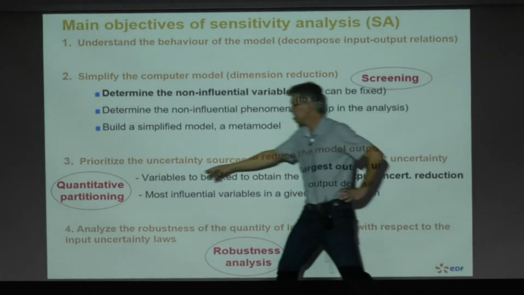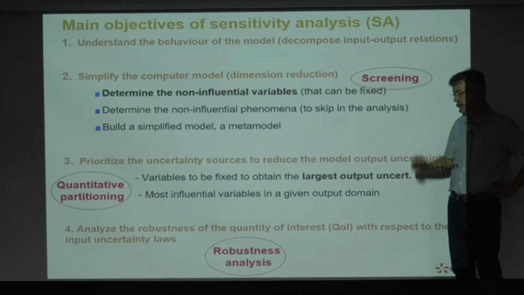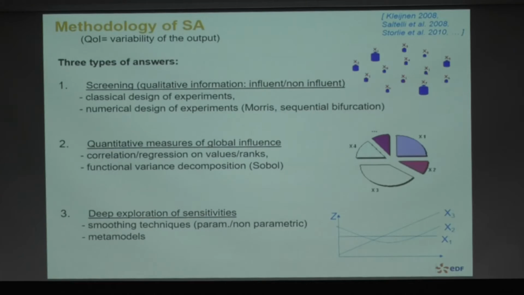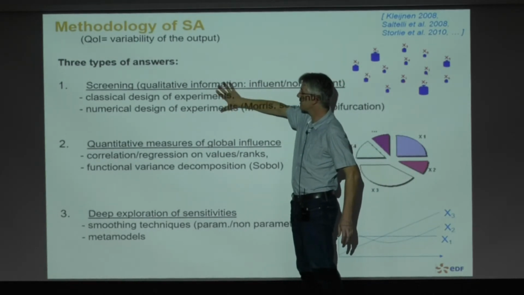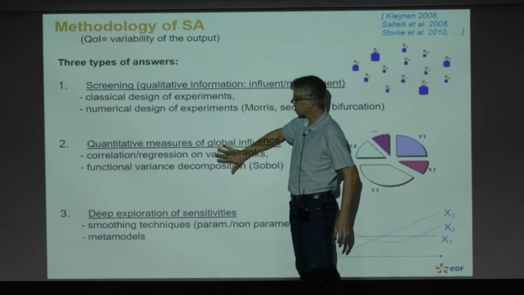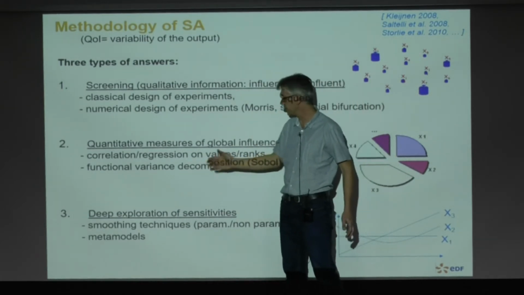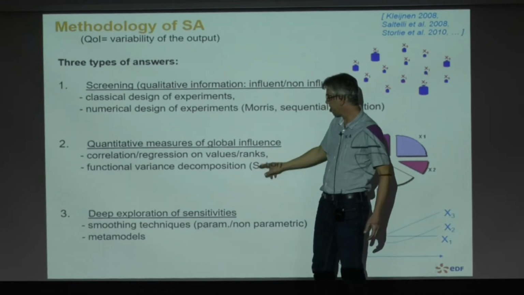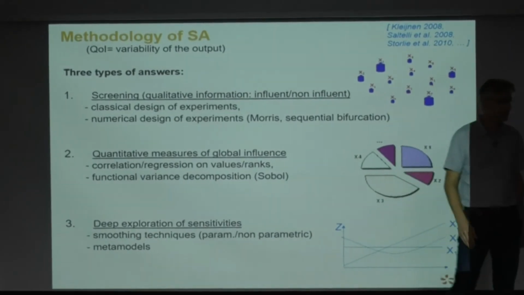So I call this quantitative partitioning goal, where after this task you have a full ranking of each uncertainty source. And the other topics are not important here. So I will talk about these two things. A screening technique, which is well known in engineering studies, and after I will show the simplest quantitative measures. The first one is based just on simple correlation and regression analysis on the sample, and the second is based on Sobol indices, which is based on functional variance decomposition.